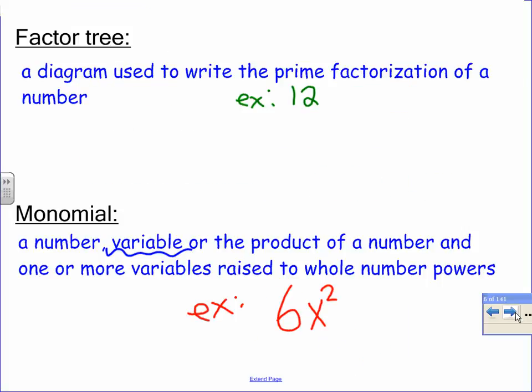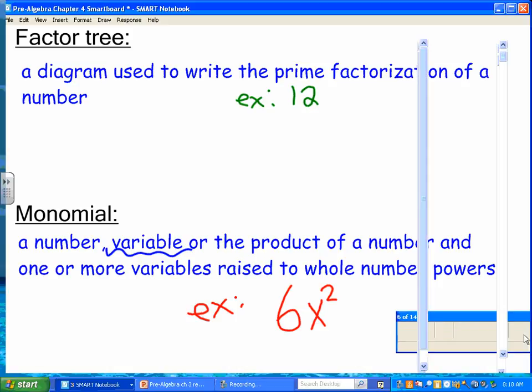Okay. Factor tree. A factor tree by definition is a diagram used to write the prime factorization of a number. So I'm going to show you, which we just kind of already did, what a factor tree looks like. Yes, there's a couple different methods you can do for these.